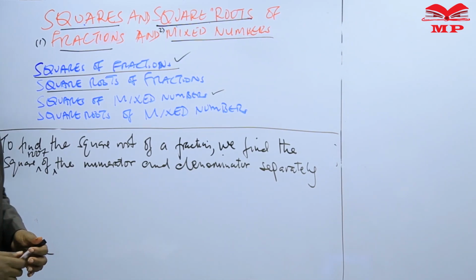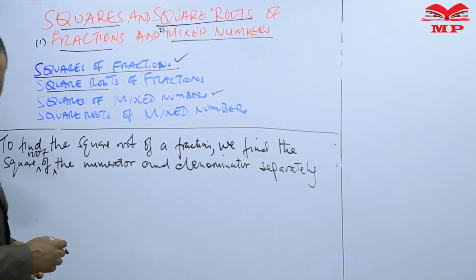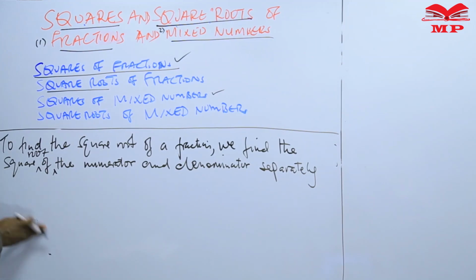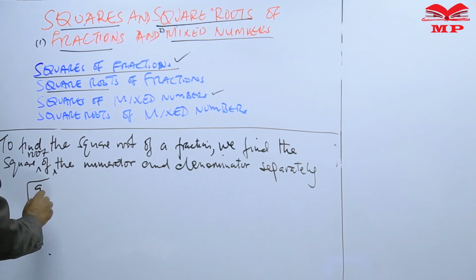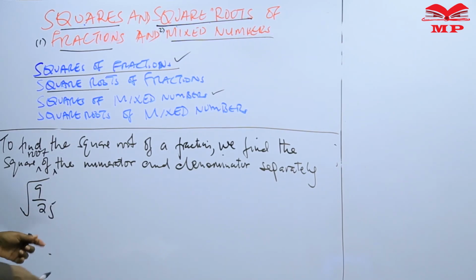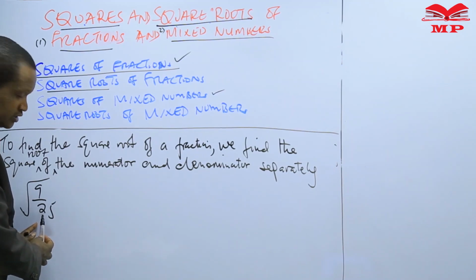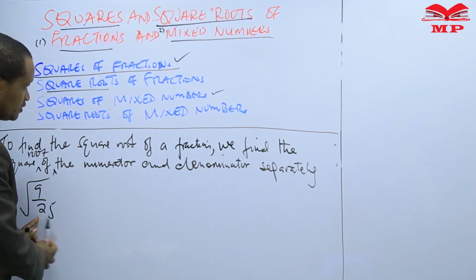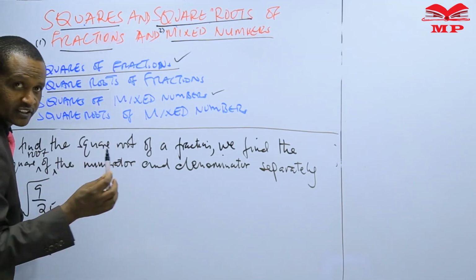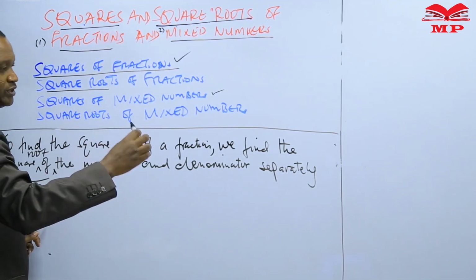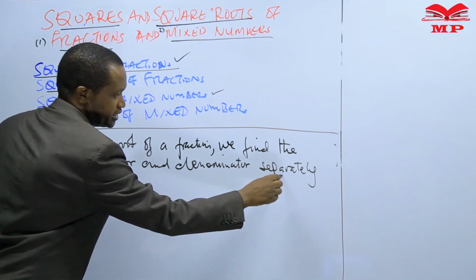Work out the square root of 9 over 25. How do you find the square root of 9 over 25? We find the square root of the numerator first and then the denominator next, separately.